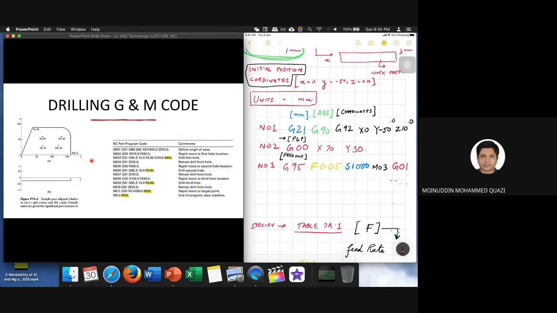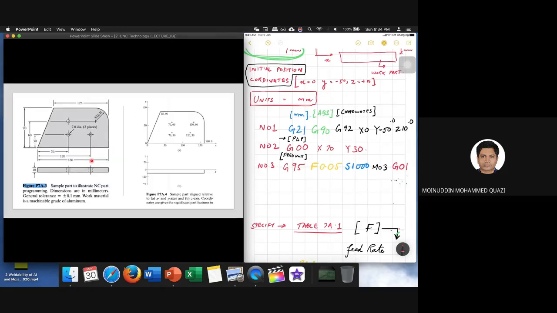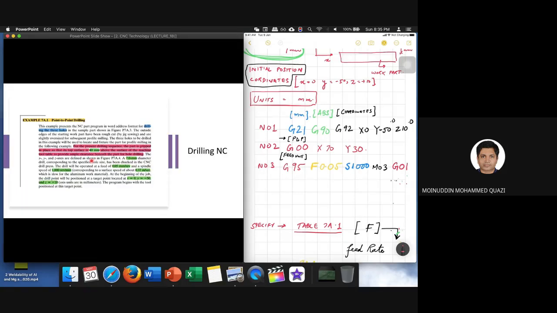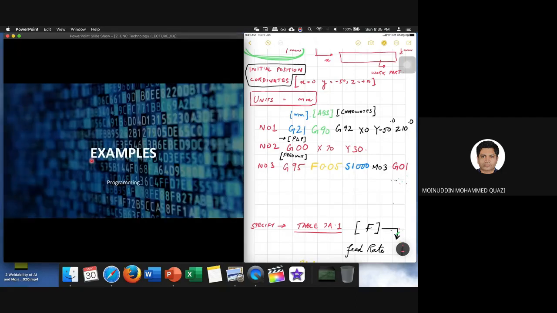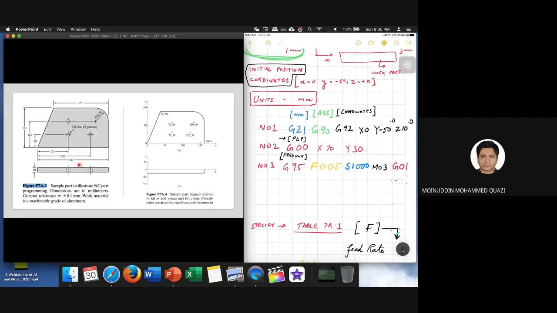So let's go back to the problem and see what hole dimensions are required. As you can see in the diagram, we have a through hole and the depth of the hole is 10.